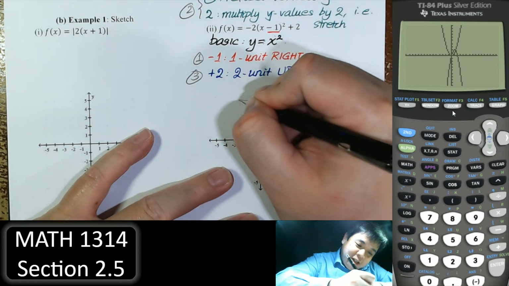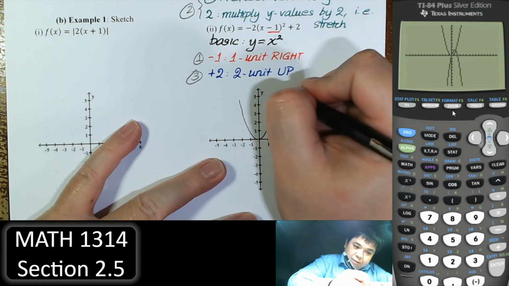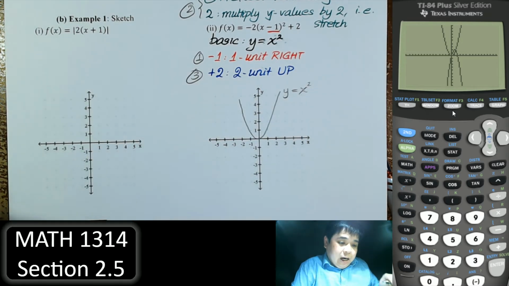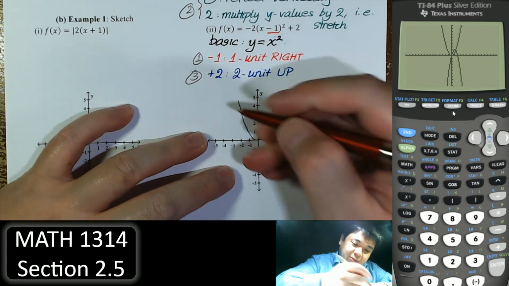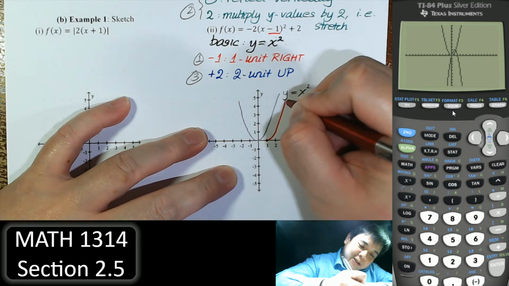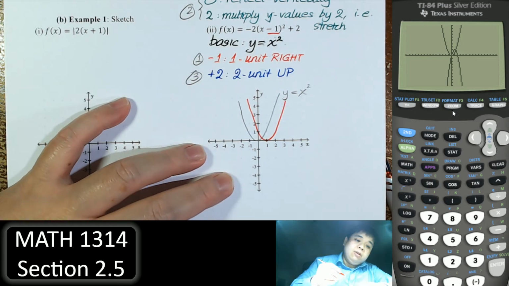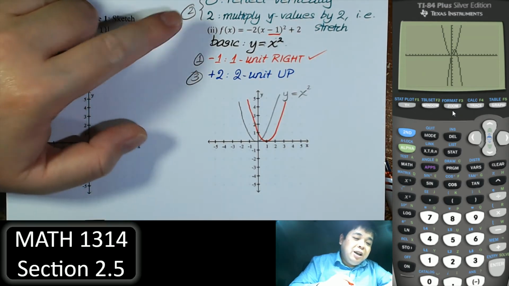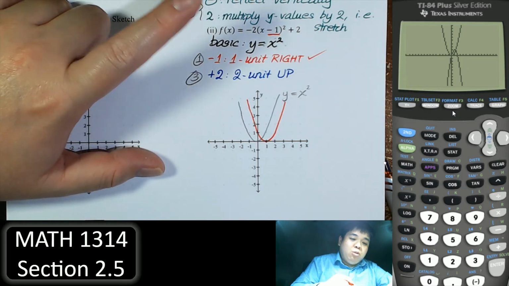X squared, move 1 unit to the right, this way. Right, put a check, and then reflect, and then multiply by 2, or multiply by 2, reflect.